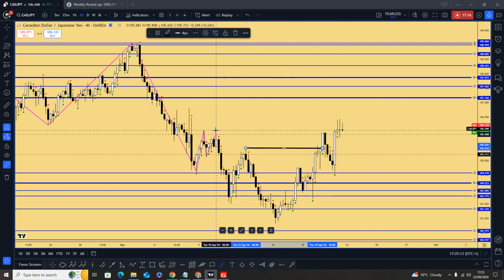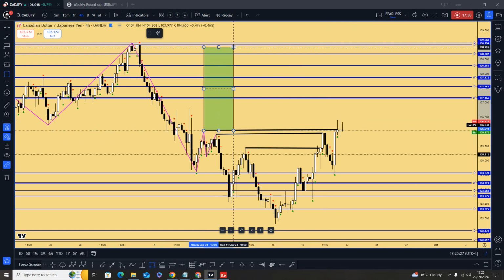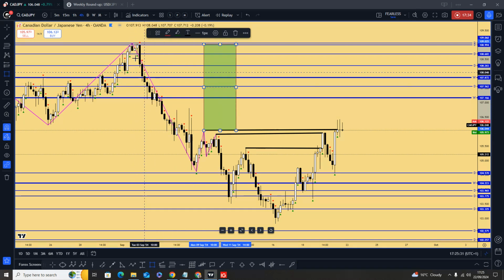We have a structure here. We can call this a structure, and price has traded above all this level. So there's nothing between this price and this high. Basically, it's here, nothing there. So if the buyers persist, then this thing is going to continue higher.